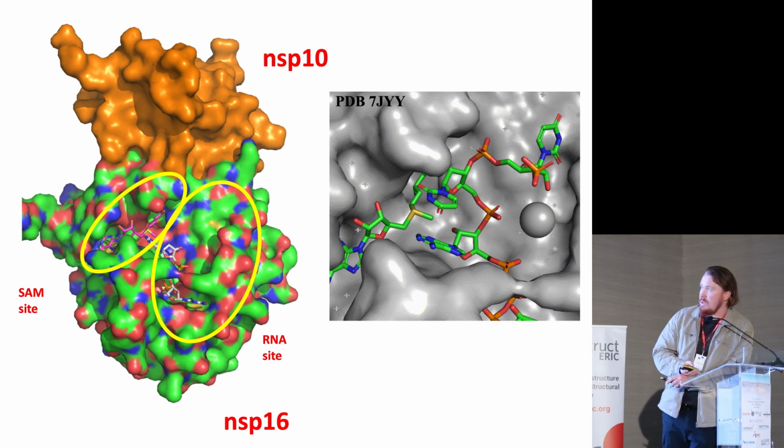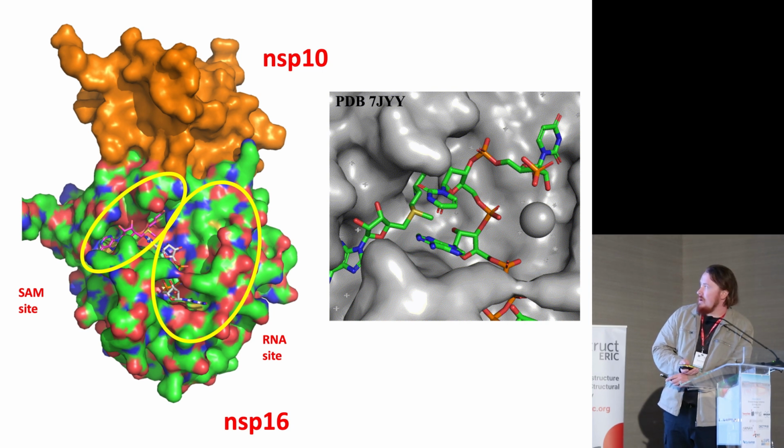Our idea was then, and you can see here that this cleft for the adenosine part is quite narrow, and there isn't much place to add any large substituent molecules. However, around here with this RNA site and within this cysteine part as well, there is quite a lot of space where we can start to modify things, hoping to get some good inhibitors.